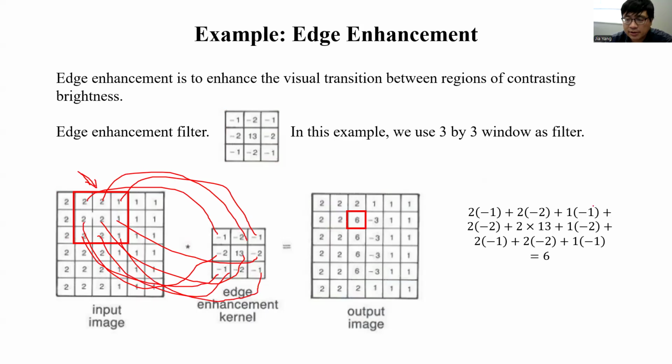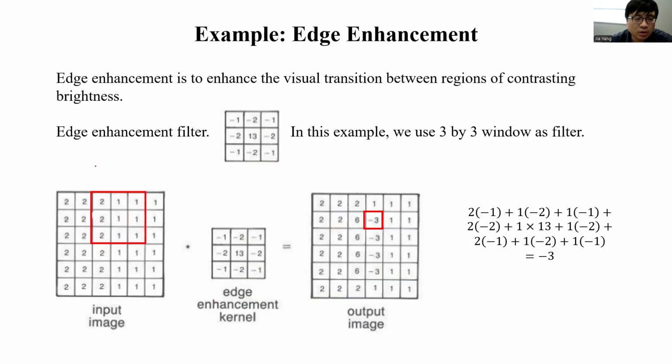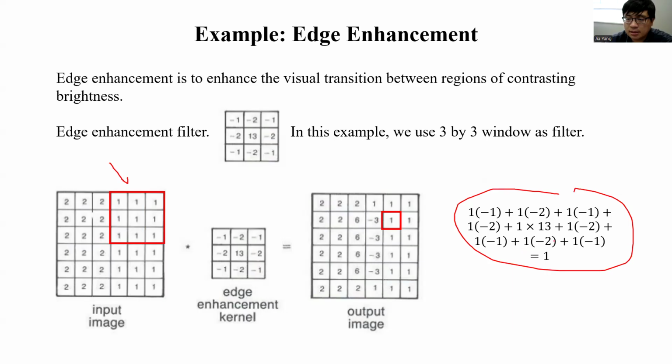Then we get the products and add them up. Here the value is 6, so the value in the center turns into 6. The moving window moves again, we calculate the products and the sum, and the value is -3 at this place. We move to the right again, calculate the products and the sum, and the value is 1.